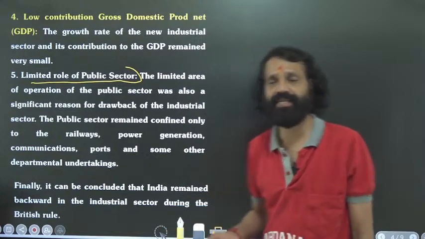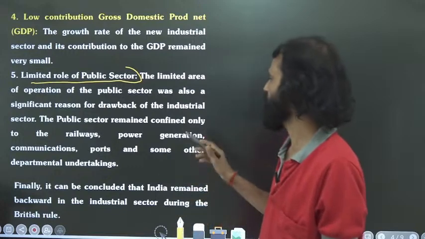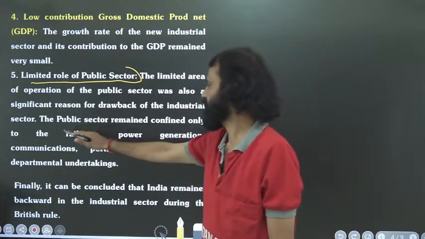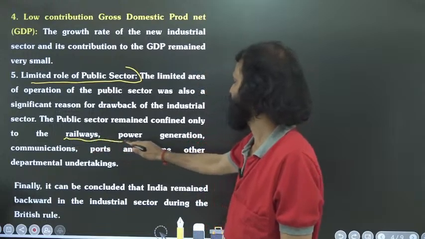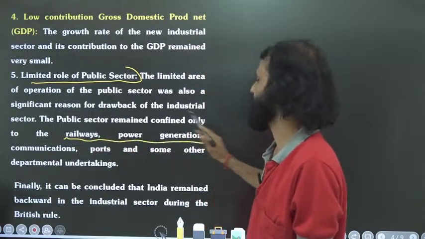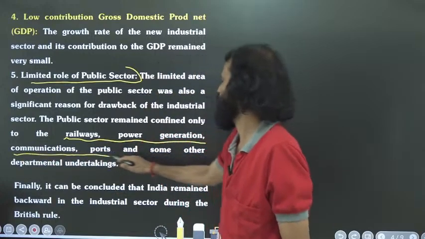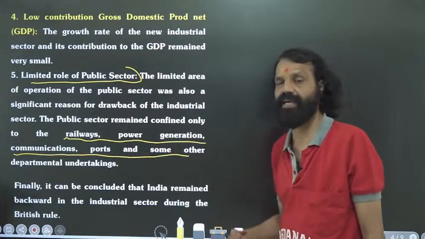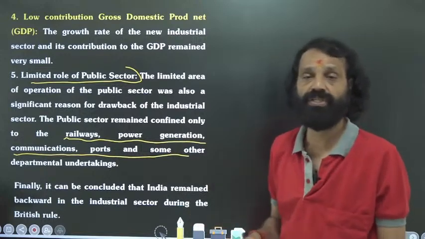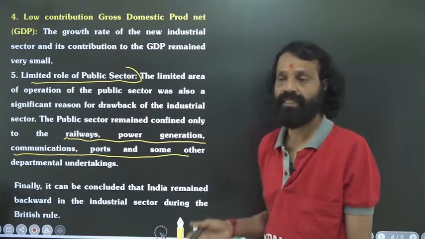At that time it was the Britishers' rule. We had some public sectors, but mainly in the field of railways, transport, power generation, communication, ports and some other departmental undertakings which could help the Britishers to control India or rule India well.